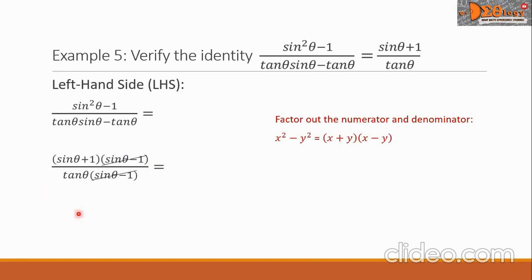In the numerator, only the sine theta plus 1 all over, in the denominator, it's tangent theta. And from here, we can see that this is equal to the right-hand side. It means to say, we were able to show that the left-hand side is equal to the right-hand side. So this is our final answer.